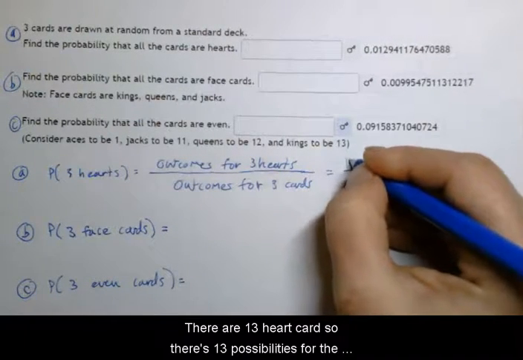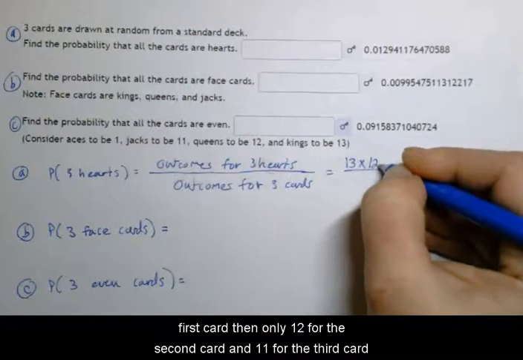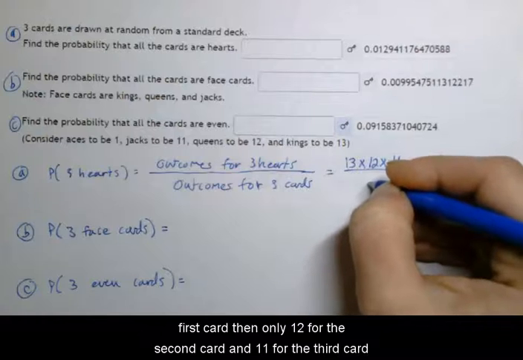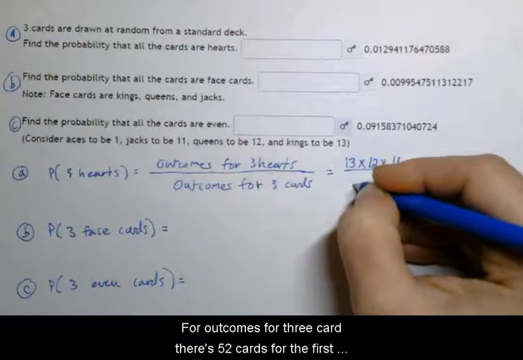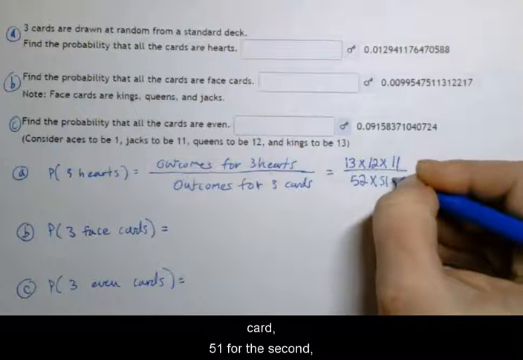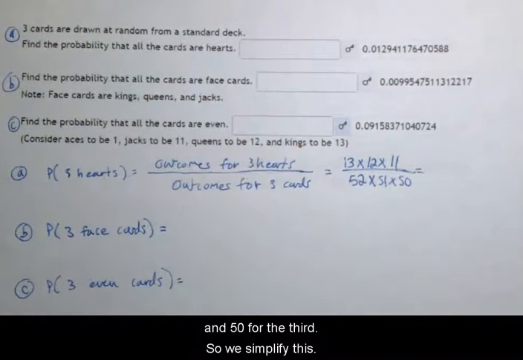There are 13 heart cards, so there's 13 possibilities for the first card, then only 12 for the second card, and 11 for the third card. For outcomes for 3 cards, there's 52 cards for the first card, 51 for the second, 50 for the third. So we simplify this.